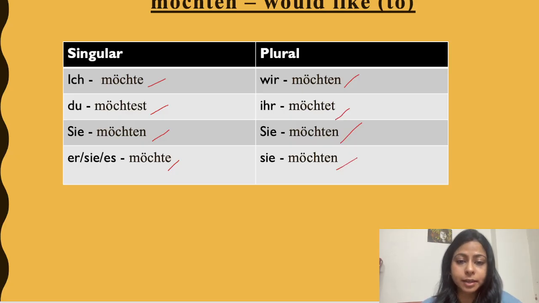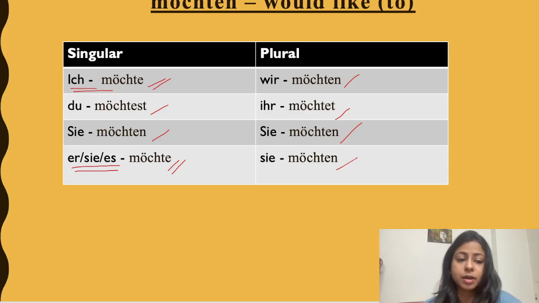If you notice, the modal verb forms for ich and er/sie/es are the same. You will notice this more as we do more modal verbs, but for now we are doing the modal verb möchten, and the conjugation for ich and er/sie/es are the same. Ich möchte, sie möchte.